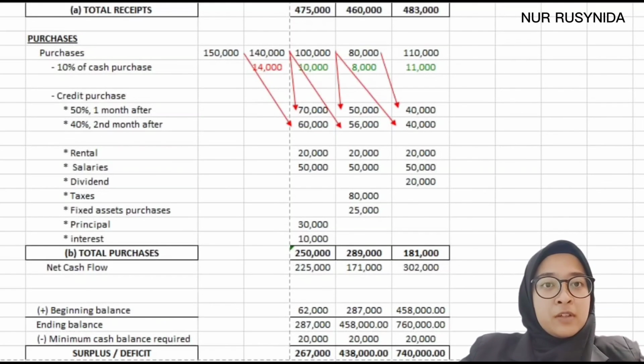Meanwhile, the ending balance for August, RM 458,000, will be the beginning balance for September, and the minimum cash balance required is RM 20,000. Therefore, all values each month will be subtracted with RM 20,000, and ultimately we will achieve a surplus of RM 267,000 for July, RM 438,000 for August, and RM 740,000 for September.